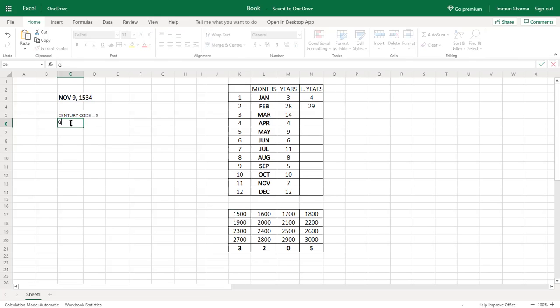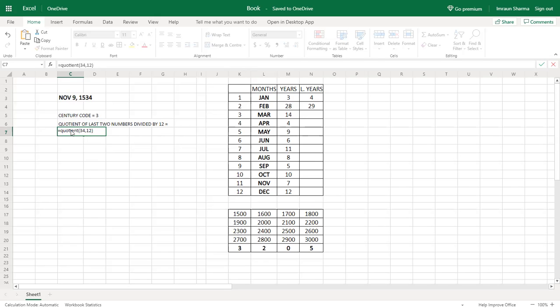So quotient of last 2 numbers divided by 12 equals to, quotient bracket 34 comma 12.